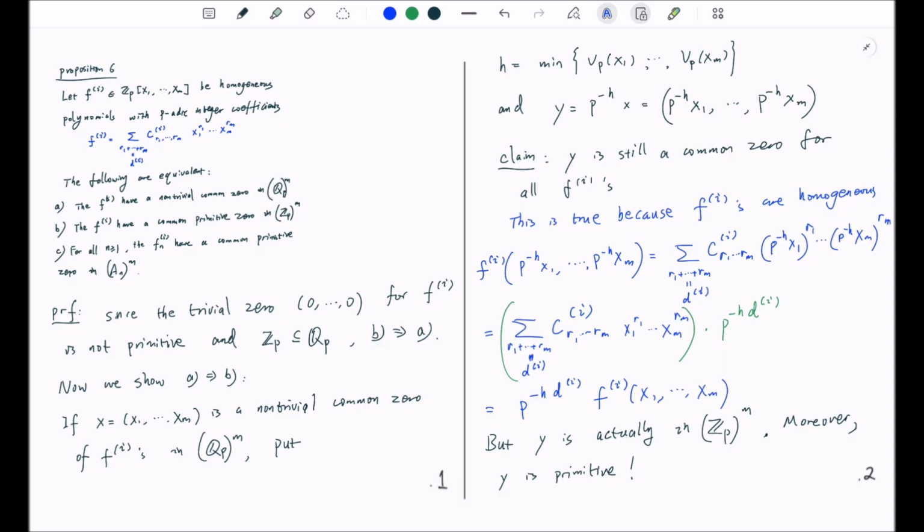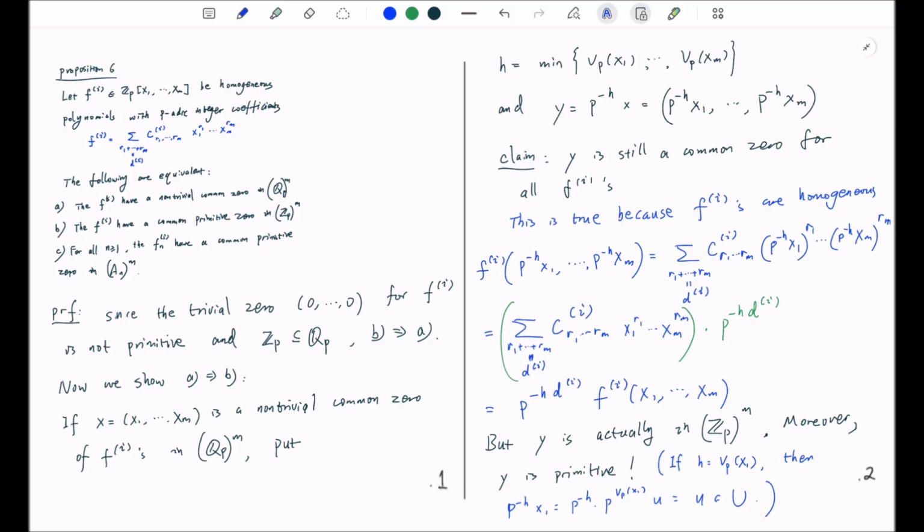Why is it primitive? That is because if, for example, this guy is the minimum, if h is equal to v_p(x_1), then if you just look at p to the negative h times x_1, by the p-adic factorization, you get p to the negative h times p to the v_p(x_1) times some invertible element u, and the first two terms cancel out, and you will get u, which is invertible.